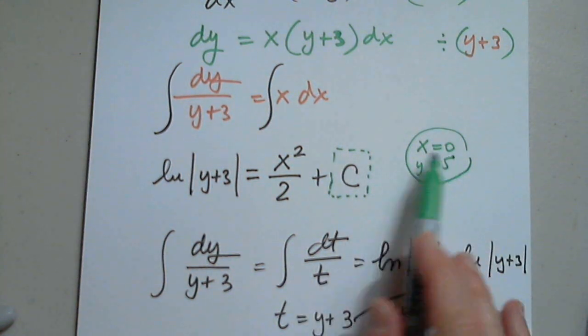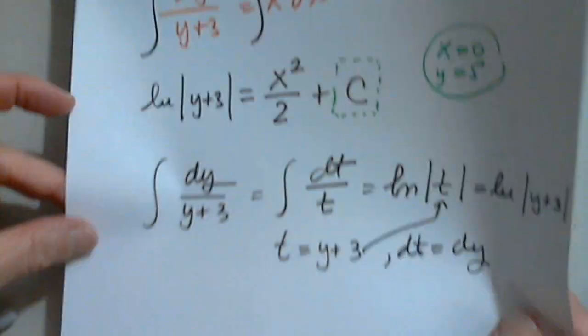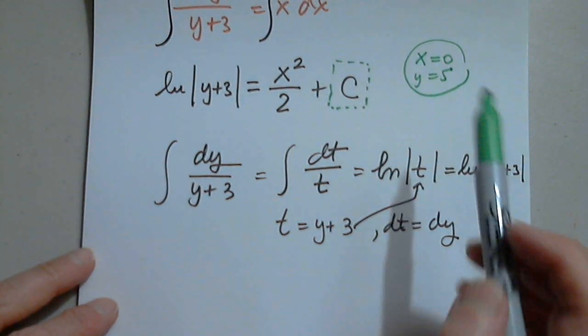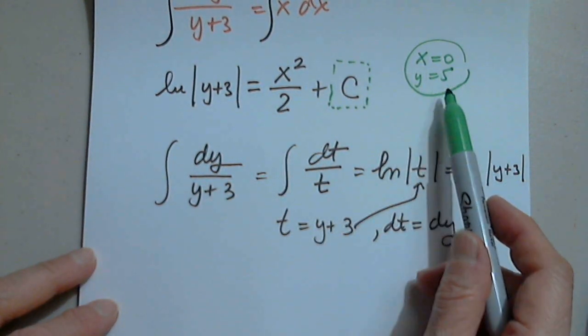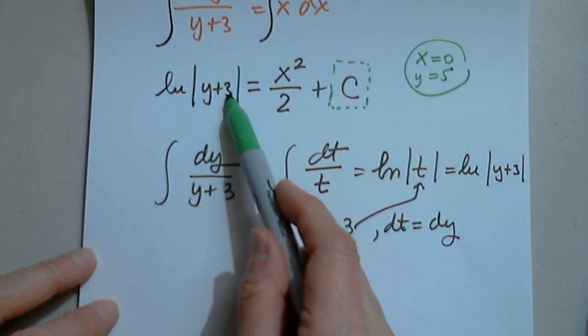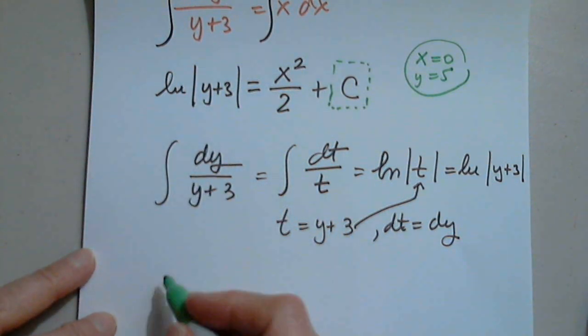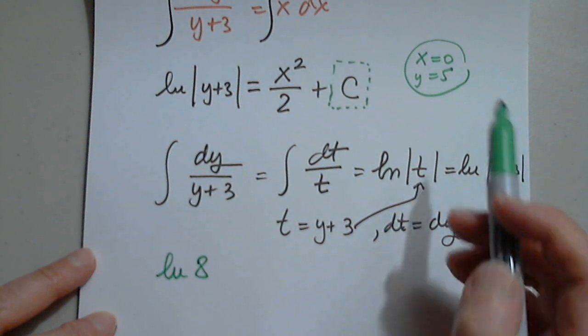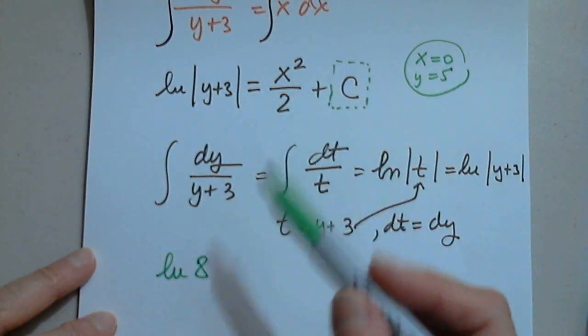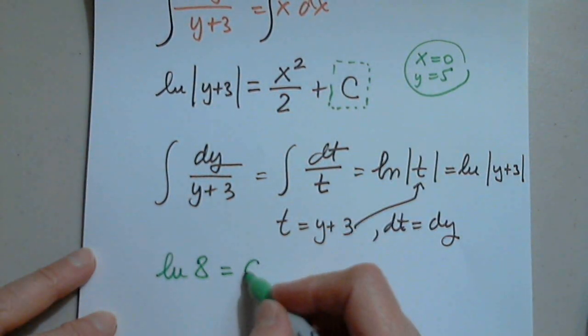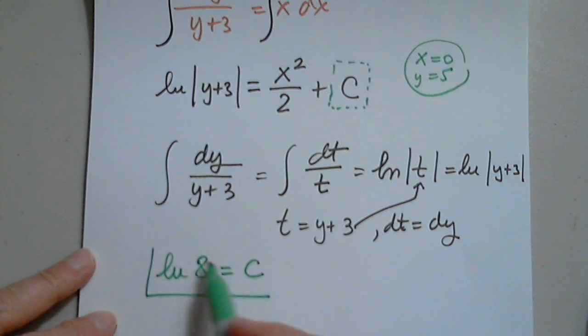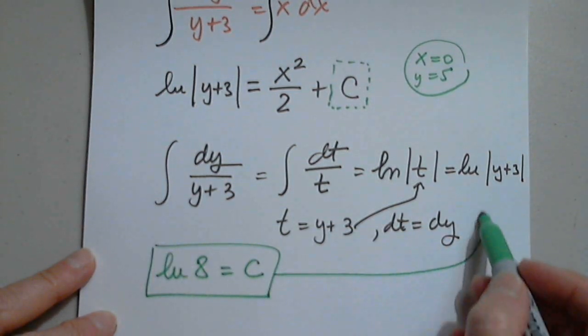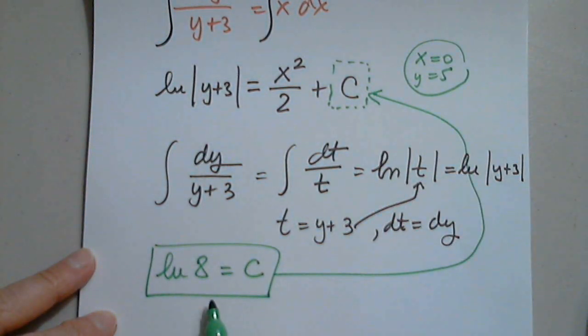So let's see what we write. So y is 5. 5 plus 3, natural log 8, equals 0 plus c. So I have my answer. C is natural log 8.